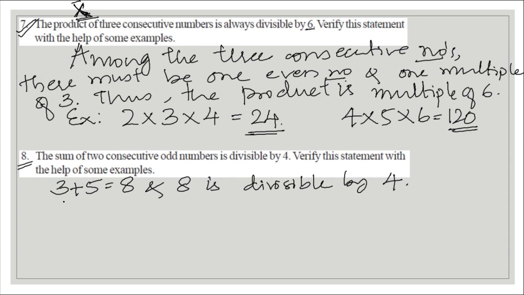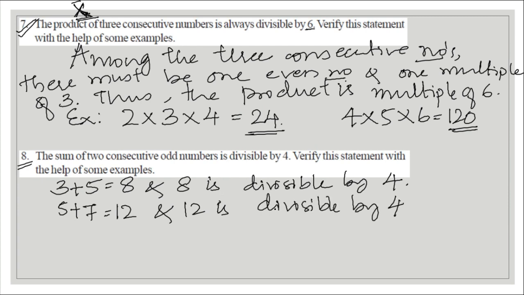Let me take one more example. 5 plus 7, the sum is 12, and 12 is divisible by 4. If I take another example, 7 plus 9 is 16, and 16 is divisible by 4.